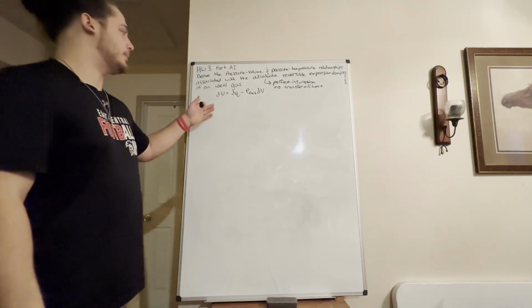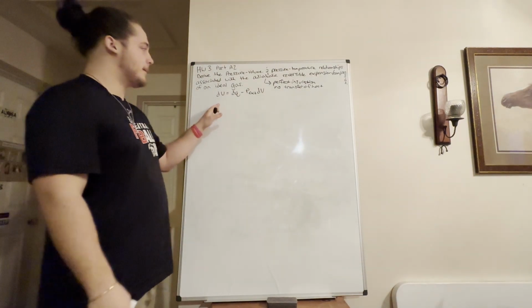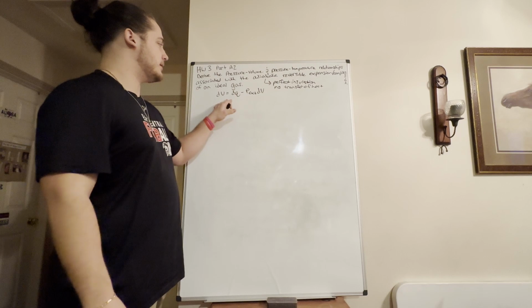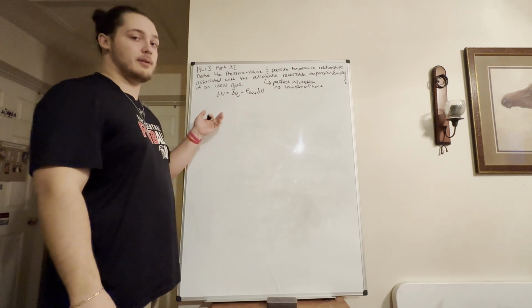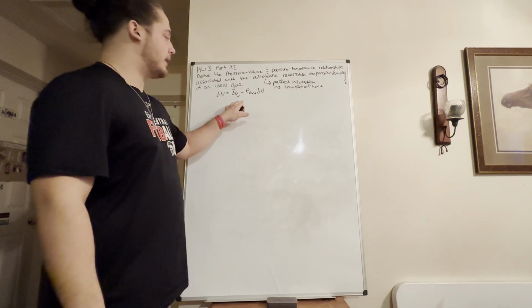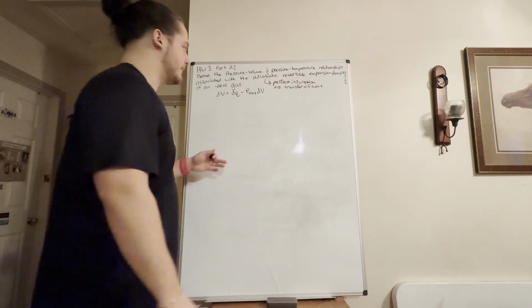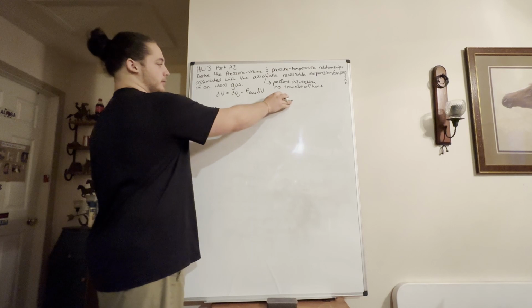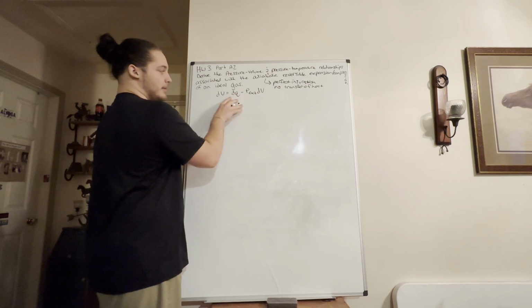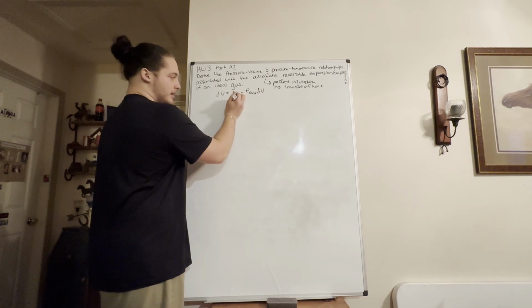And from the previous part, we know that the differential amount of internal energy is equal to the differential amount of heat minus the external pressure times the differential amount of volume. And since we have no transfer of heat, we know that dq here is going to be equal to 0.